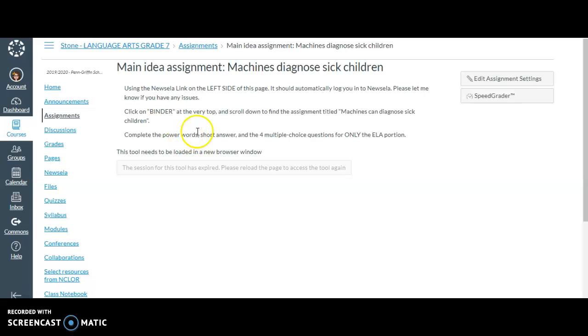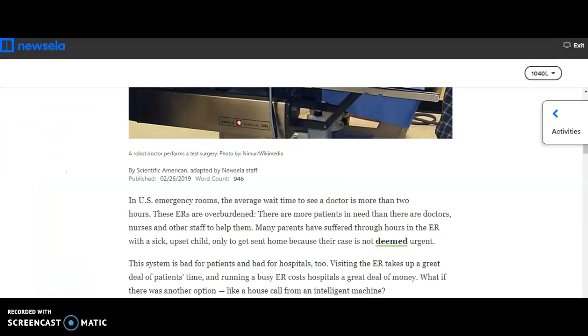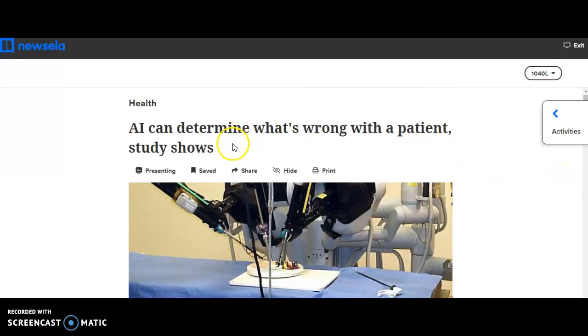You have to complete the power words, the short answer, and then the 4 multiple choice questions, only for the ELA portion. So when we go to Newsela, the first thing that you're going to see, once you get on the article itself, is that the title of the article says AI, or artificial intelligence, can determine what's wrong with a patient, studies show.